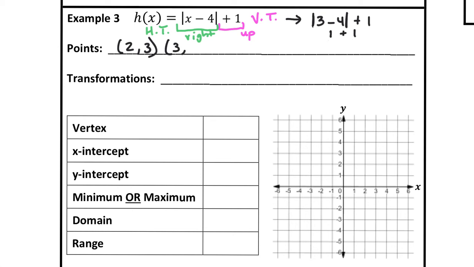So it's 1 plus 1, which is 2. Okay, let's go up one more. 4. 4 minus 4 is 0, plus 1 is 1.